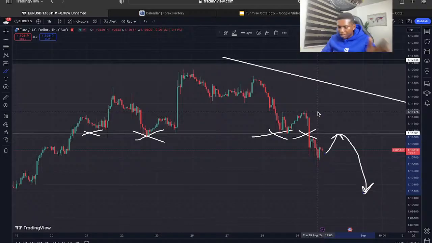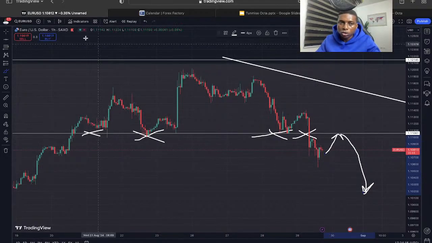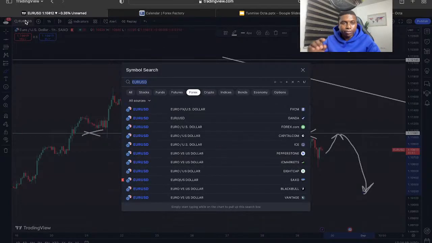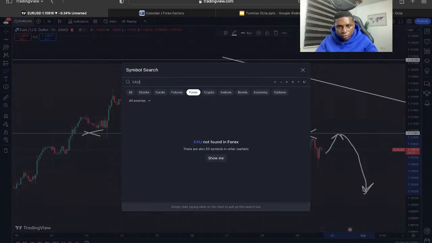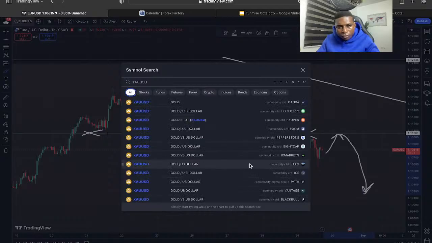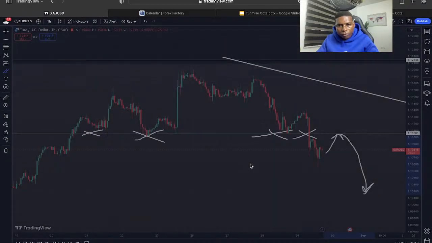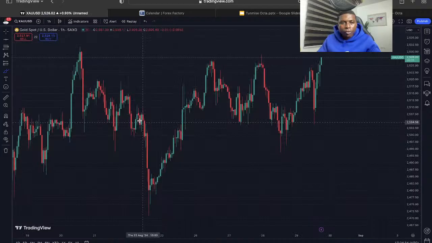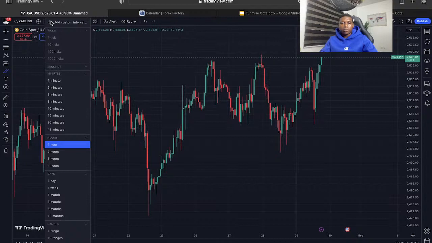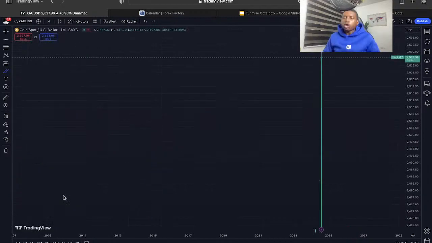I see a lot of persons have called for the analysis on gold, so let's go straight to gold and have a deep dive. Good. So here is gold, and let's go to the 1 hour because we are carrying out a top to bottom approach.